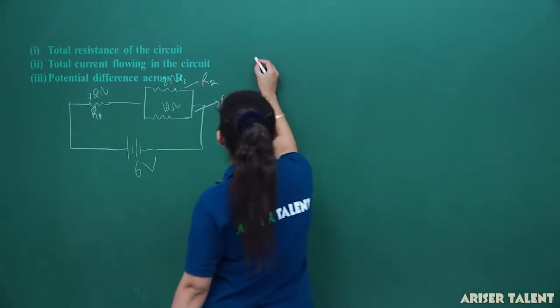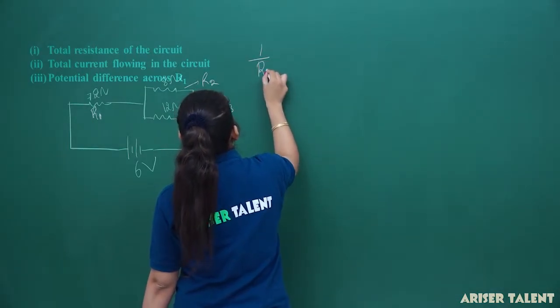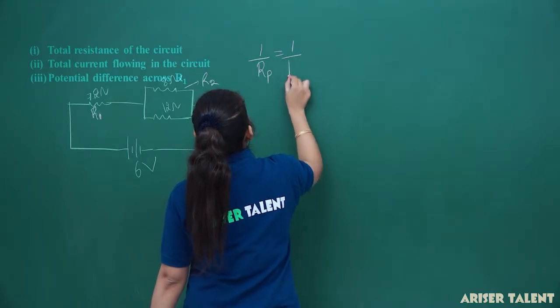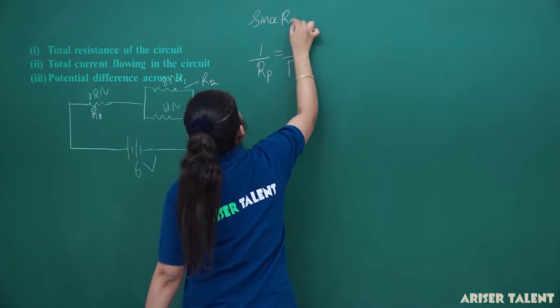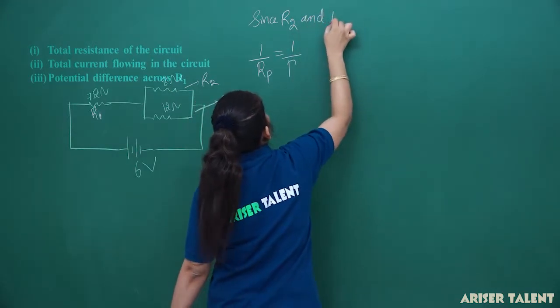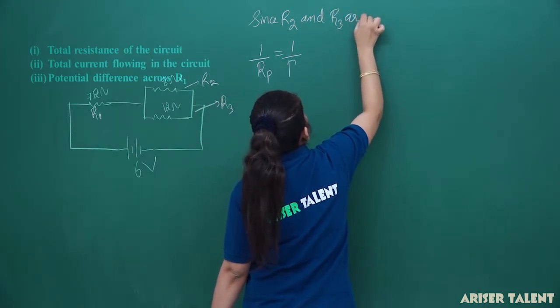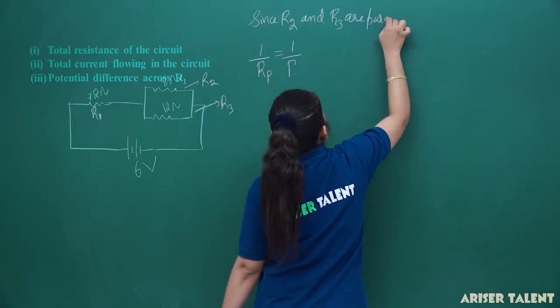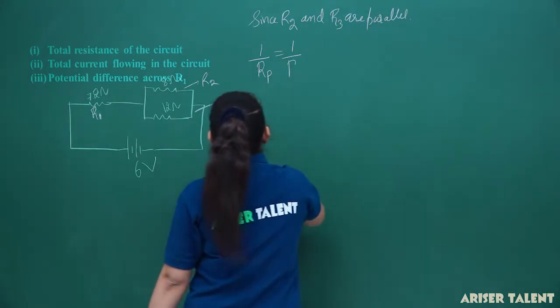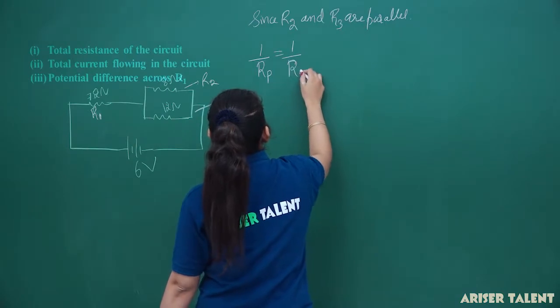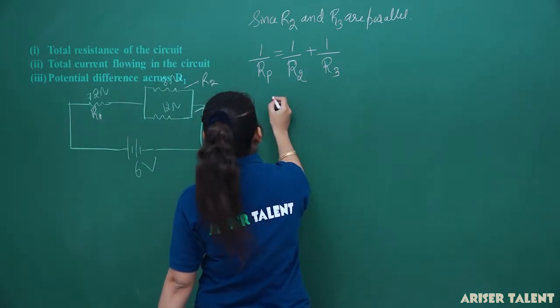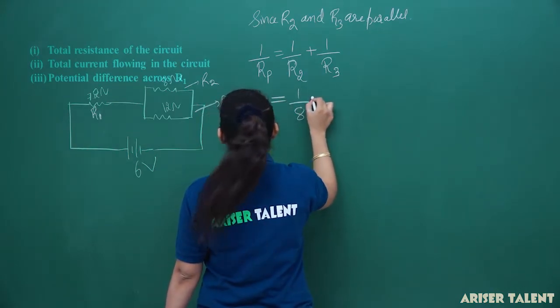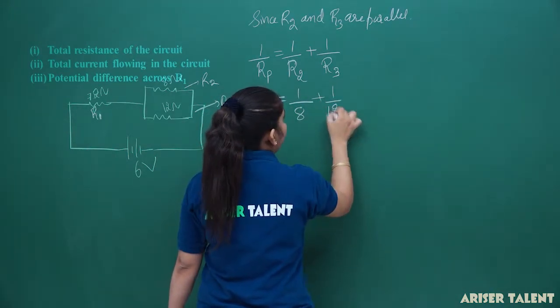So, first calculate the 1 upon Rp. 1 upon Rp, we can write here since R2 and R3 are parallel. Then 1 upon Rp will be equal to 1 upon R2 plus 1 upon R3, and it is equal to 1 upon 8 plus 1 upon 12.